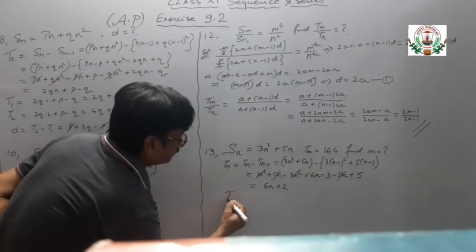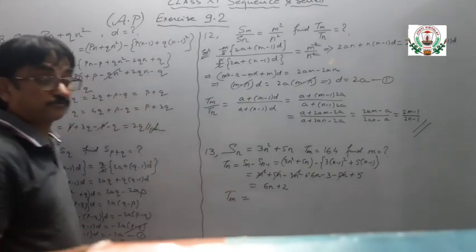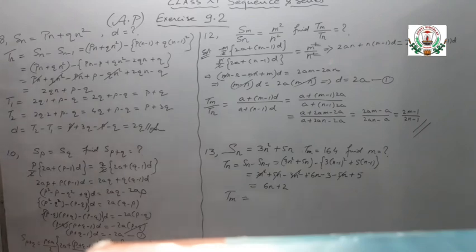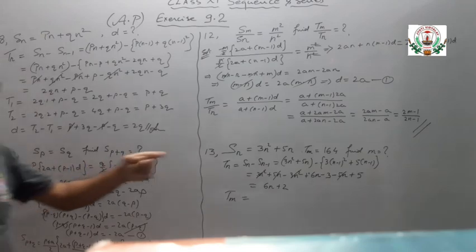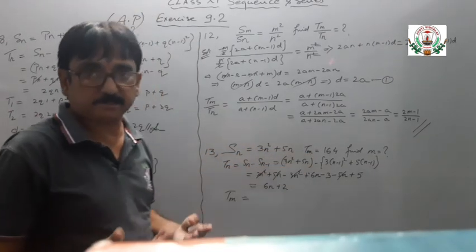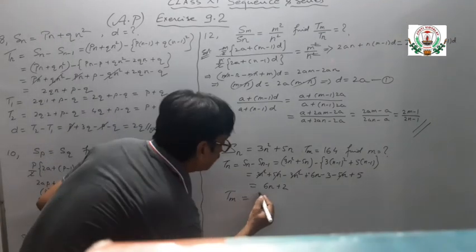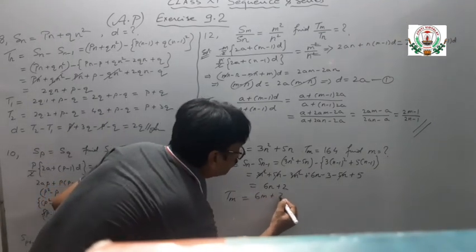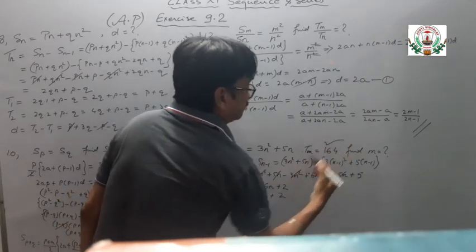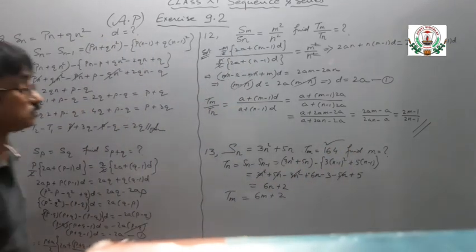Now what will be the mth term? If we are calculating the first term, we put n equals 1. If we are calculating the second term, we put n equals 2. But here we want the mth term. So in place of n obviously we will put n equals m. So it becomes 6m plus 2. But the mth term is given in the question itself, that is 164.